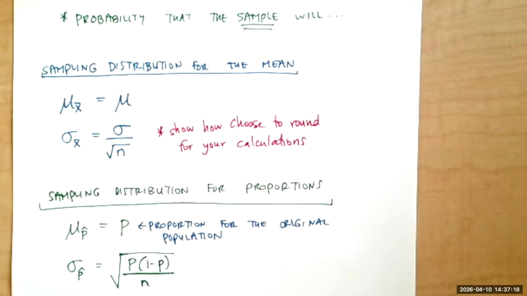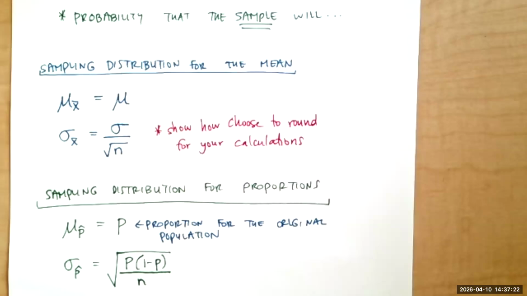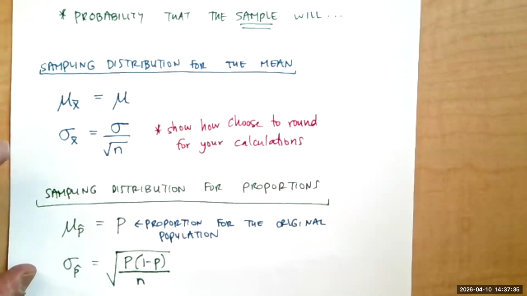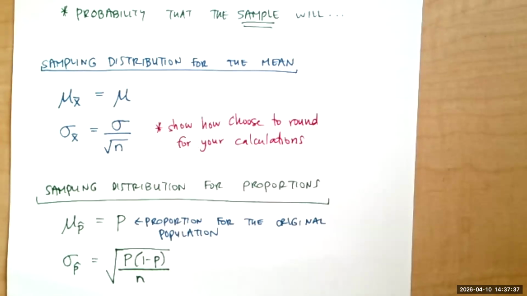Again, as we go through, we're going to show how we do our rounding. In this chapter 8, we're going to calculate these probabilities for a sample using our normal distribution, but changing the standard deviation that we use.